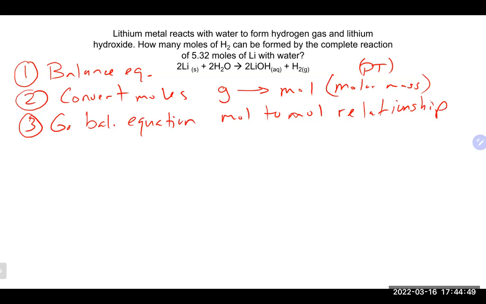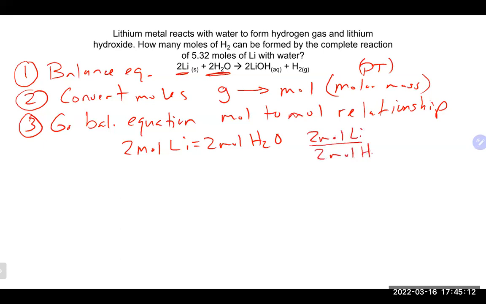For example, if we were interested in lithium and water in this above equation, it would be 2 moles of lithium gives you 2 moles of water. That is nothing more than the coefficients from the balanced equation. And as we talked about last time, that will set you up with 2 possible conversion factors that you technically could use.